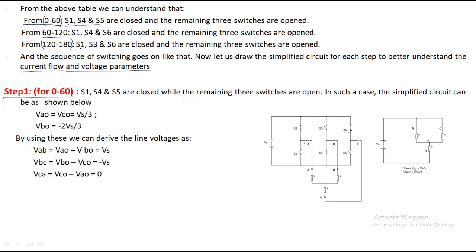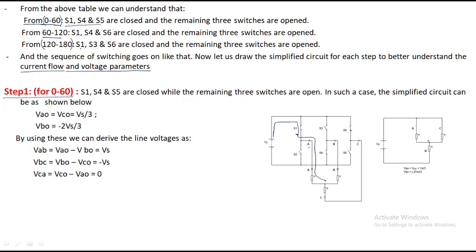So just modify this circuit. This is the Vs, this is A, then the current will flow from S1 to A. A is the neutral point. That's why Vs from A to R, for R load is supplied.